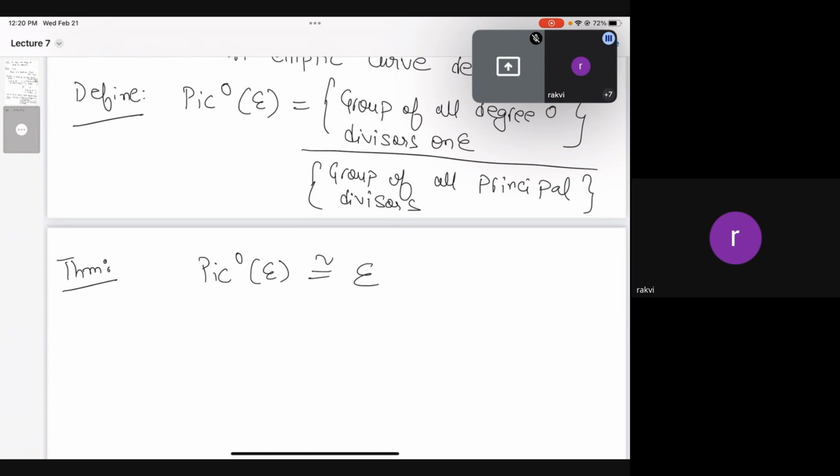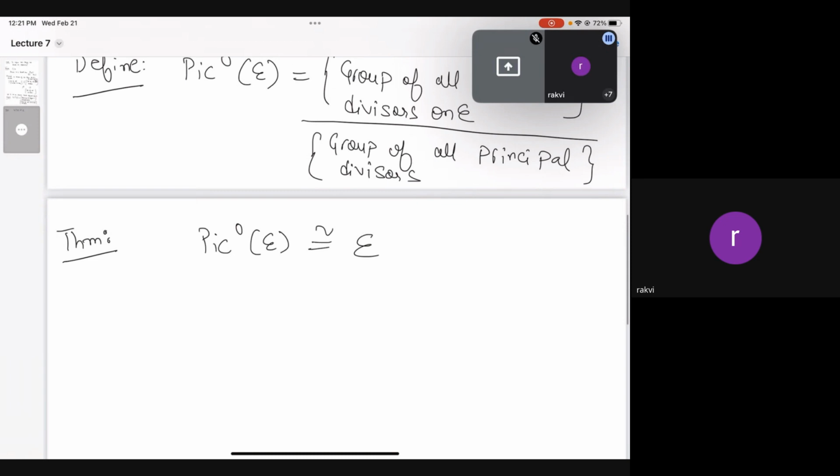And this is not true for higher genus curves. Elliptic curves are genus 1, but if we go to genus 2 and beyond, this is not true. My Picard zero doesn't give me my curve. Instead, my curve sits inside this big thing, but they are not isomorphic. But for elliptic curves, it turns out that magically they are the same. This isomorphism is quite amazing.